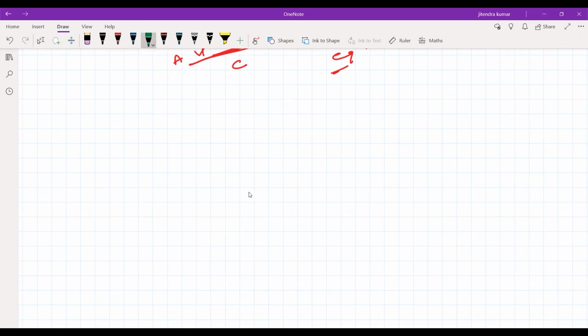So the first line says Aftab tells his daughter 7 years ago. Whenever a question is based on age, consider the present age only.